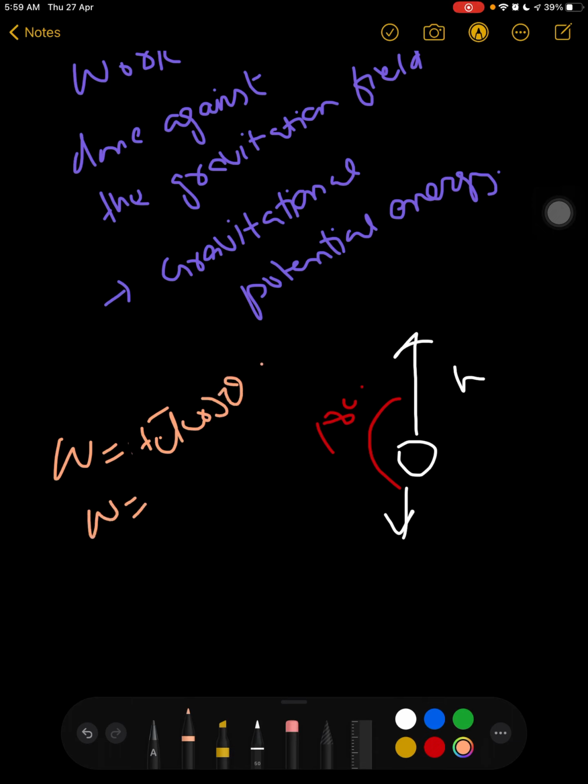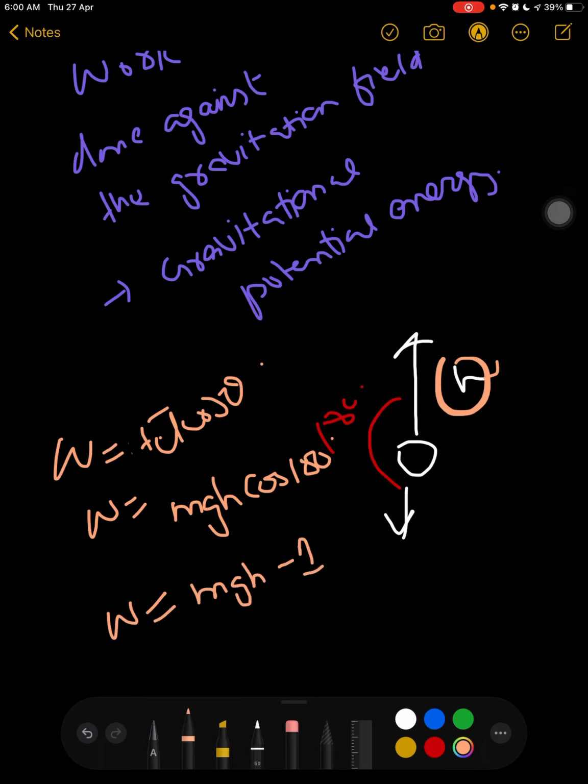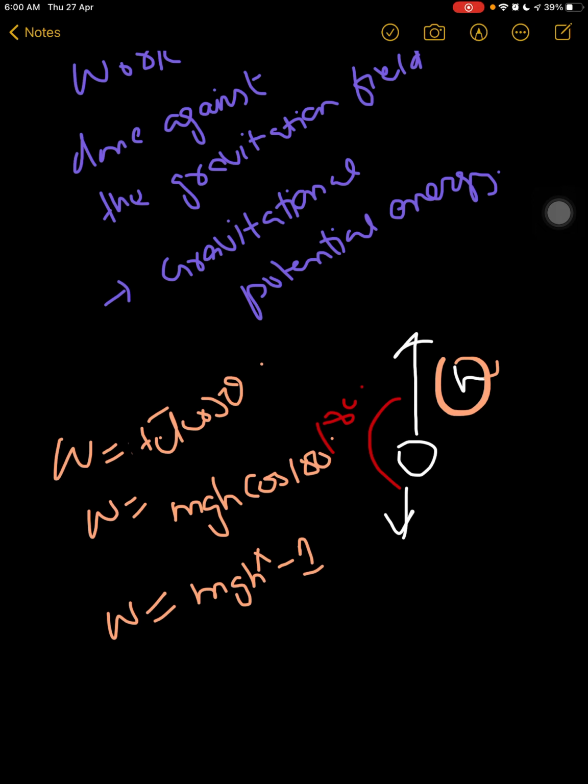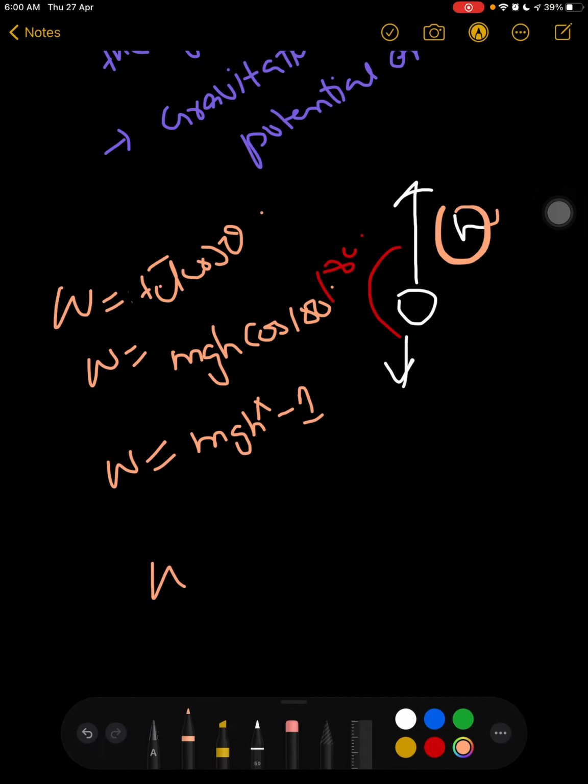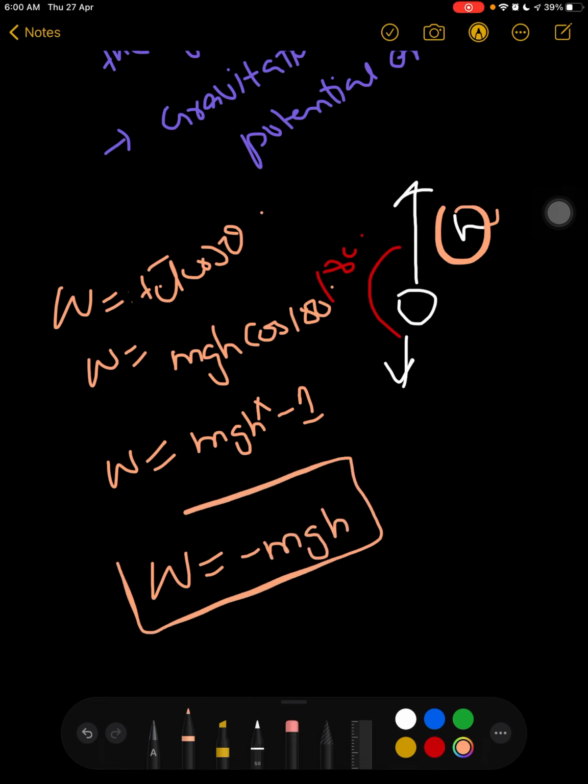Here the force will be basically weight, because weight will be attracting the body towards the center. So mg, d means here the height h, and instead of theta we will put 180, cos 180. We know that the value of cos 180 is -1, so W is equal to mgh times minus 1, right? Now it will be W is equal to minus mgh. This is the formula of gravitational potential energy.